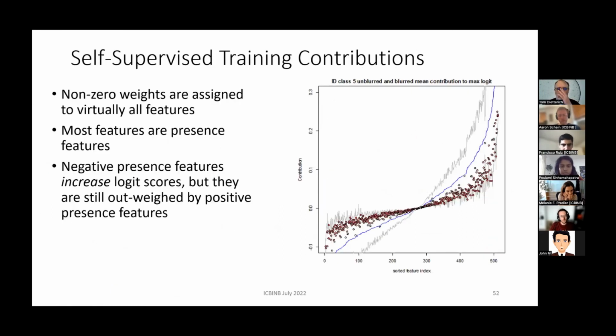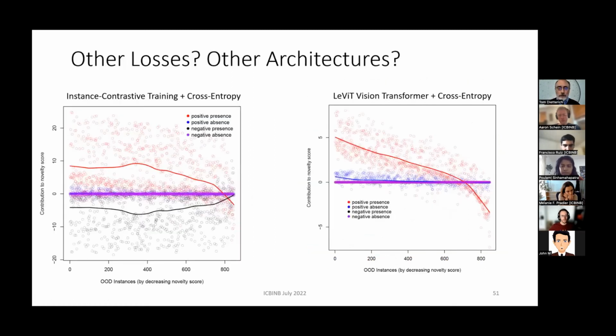And part of what seems to be going on is when we look at these diagrams for feature activations that come out of self-supervised learning, the weights are non-zero almost everywhere, and the activations are non-zero almost everywhere. So there are many more negative weights and many more positive weights. It's just a dramatically different hidden representation than when it's a CNN that's been trained with supervised training, or even the vision transformer trained with supervised learning.